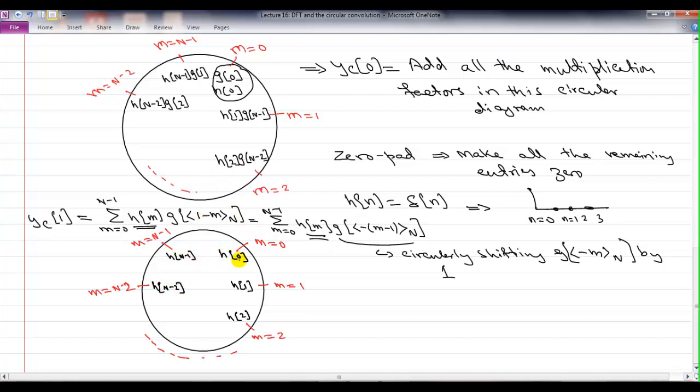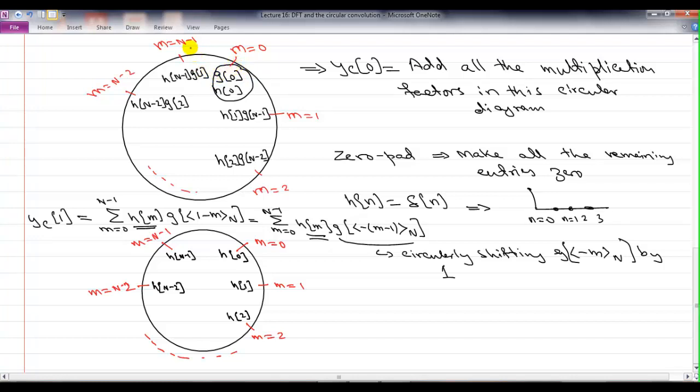But now what do we multiply with h0? Well, that is the circularly shifted version of the circularly flipped copy by 1. So we go back to our sequence, which is g of minus m mod n, and we simply move all the sequence values of g in the clockwise direction.